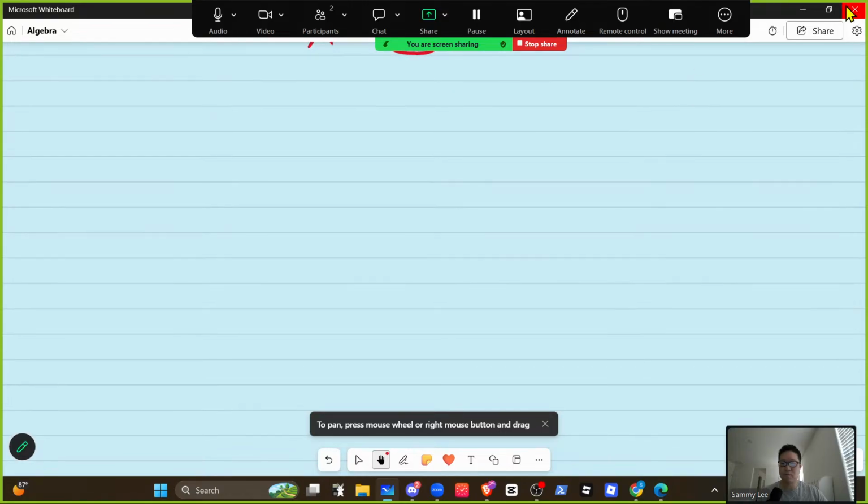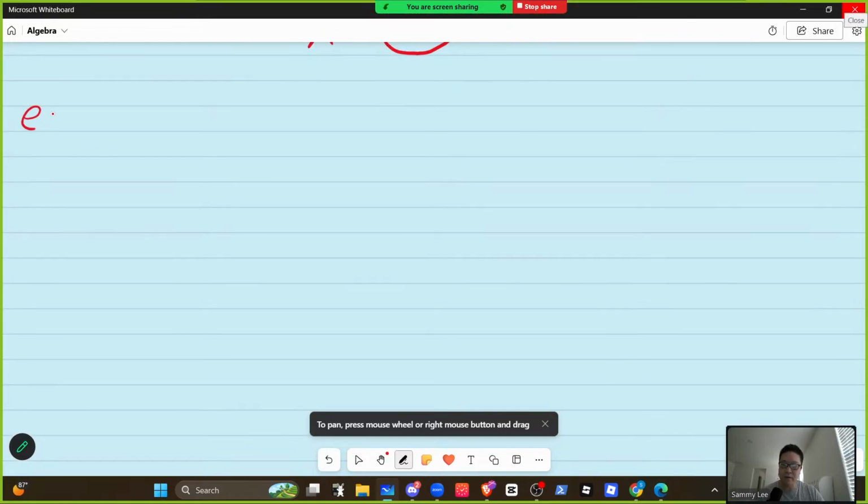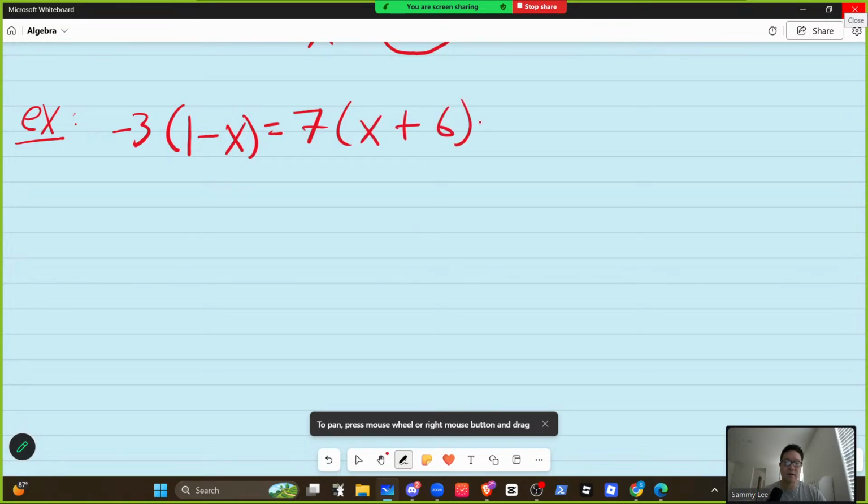All right, let's do one final example before finishing this lesson. So it's going to be negative 3 times the quantity of 1 minus x equals 7 times the quantity of x plus 6 minus 1.